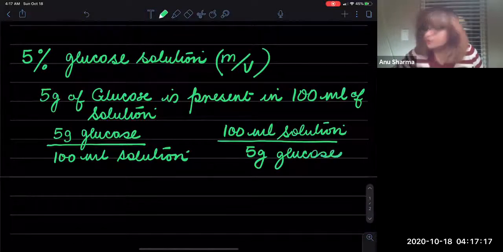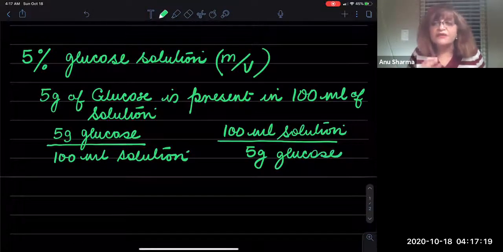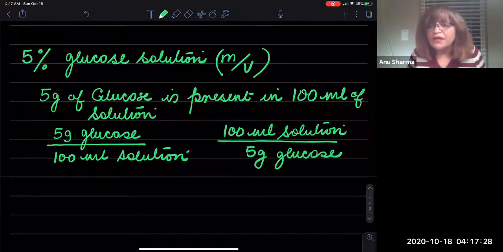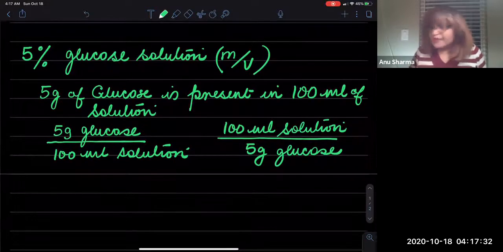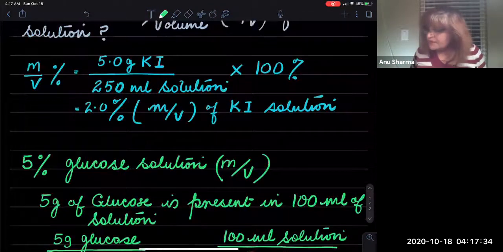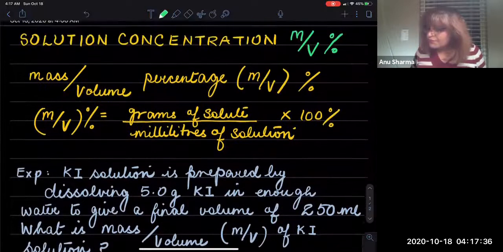So these are the conversion factors. And if you know the known, using one of these conversion factors, you can find the unknown. Okay, so using the dimensional analysis. So that's the thing about mass by volume percent.